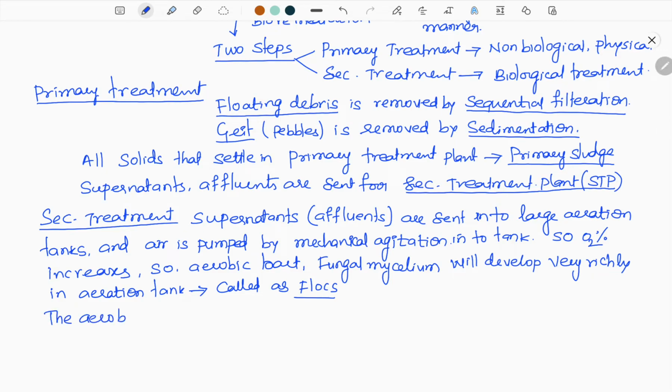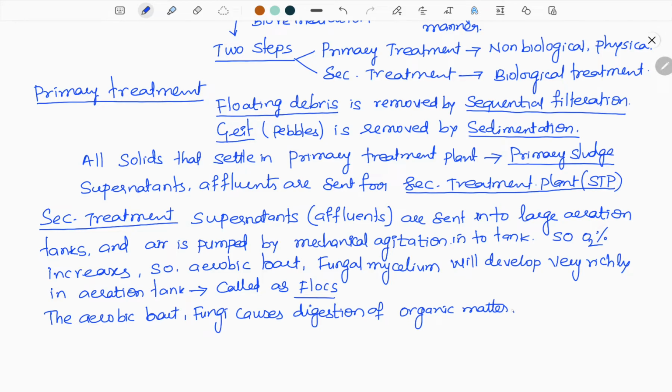So the aerobic bacteria along with fungi cause digestion of organic matter. As a result, organic matter content decreases in the water body. We know that when organic matter undergoes digestion, degradation, it converts into inorganic matter.